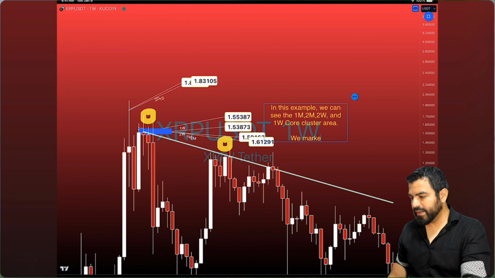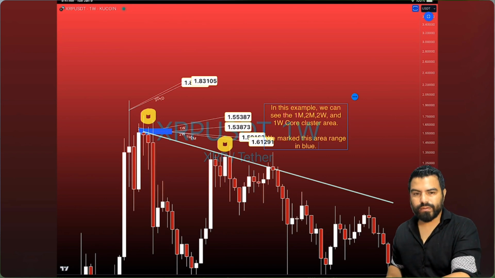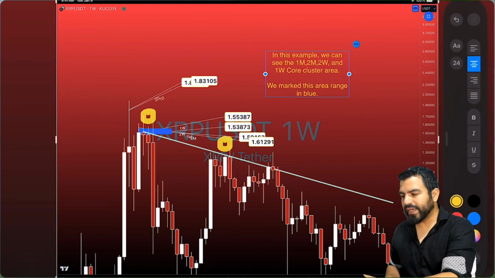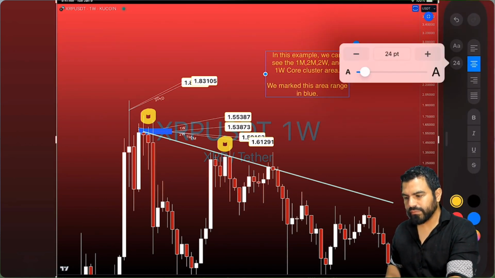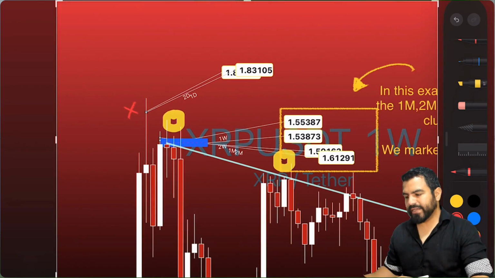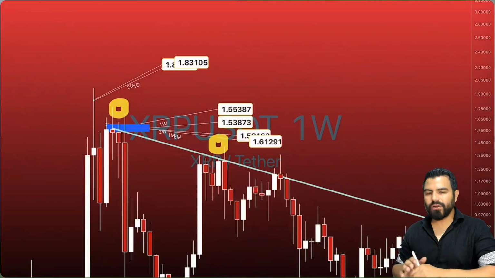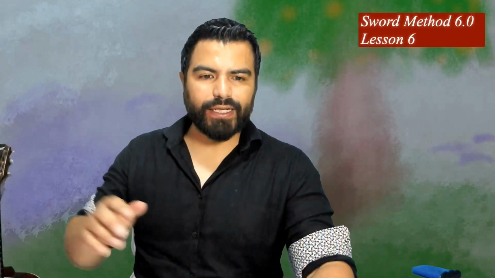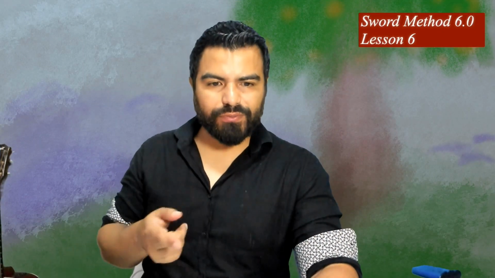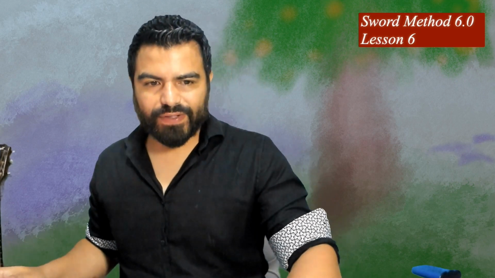We marked this area range in blue. Okay? So that's how we can do that. This area is not included. Got it? Alright, let's go over another example. We're going to use ETN. Lisa, we'll probably use that as an example. CVT.